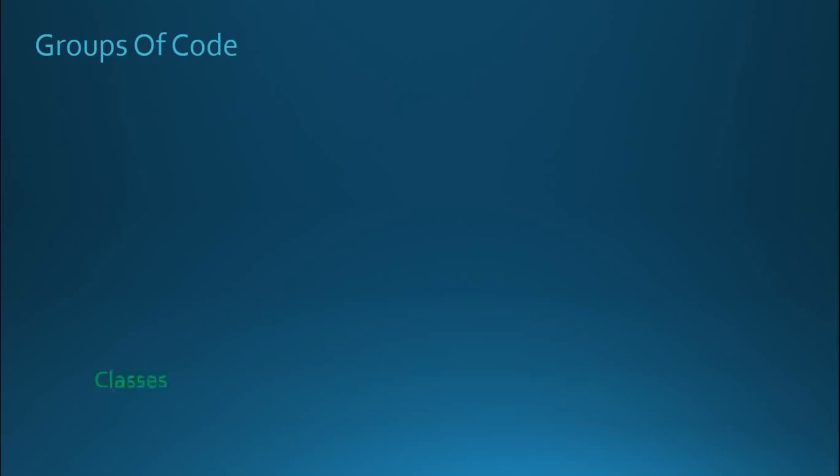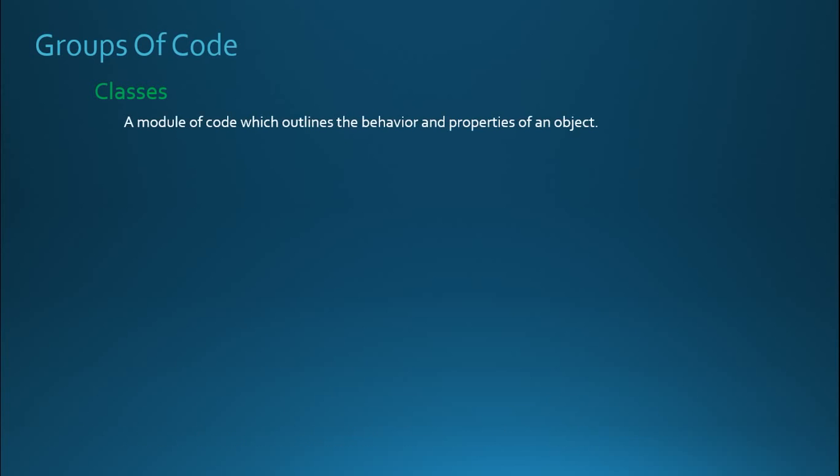Another type of grouping of code that you're going to find is something called classes. This is something we're going to get into much further down the road, but I want you to be aware of what classes are ahead of time, because you're going to see classes, and you should at least know a little bit about what they are. Classes are a module of code which outlines the behavior and properties of an object.